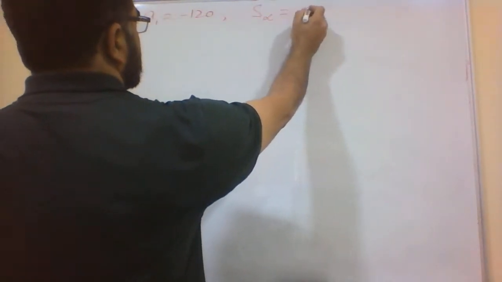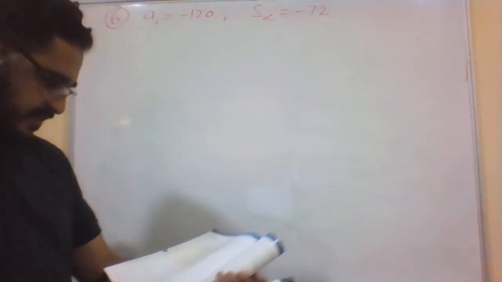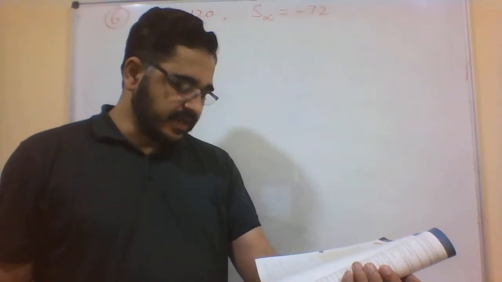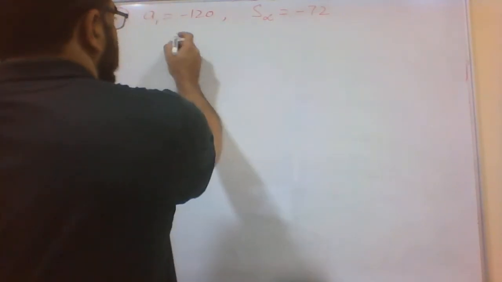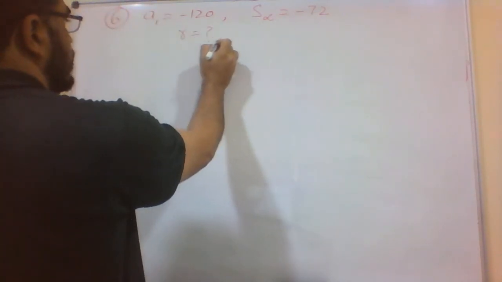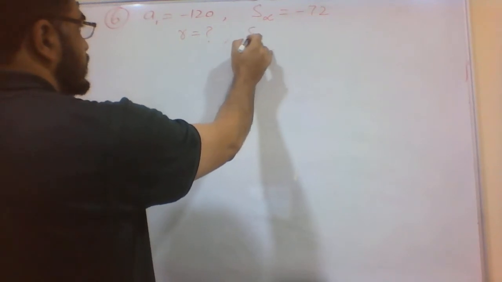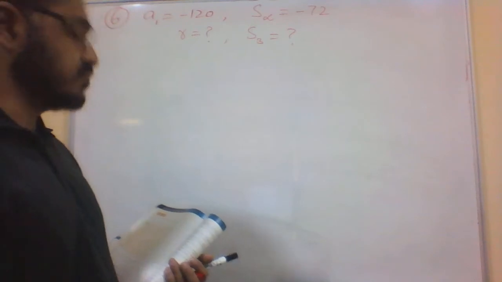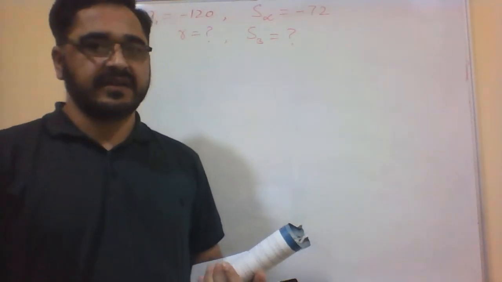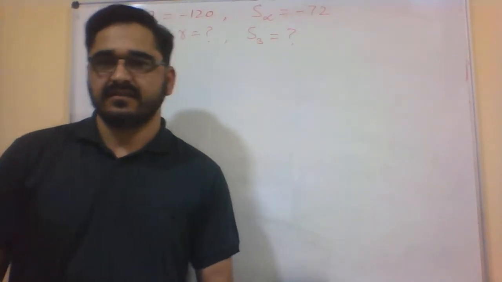S infinity is minus 72. Find the common ratio and the sum of the first three terms. Common ratio means we need to find the value of r, and the sum of the first three terms, S3. These two things are required.